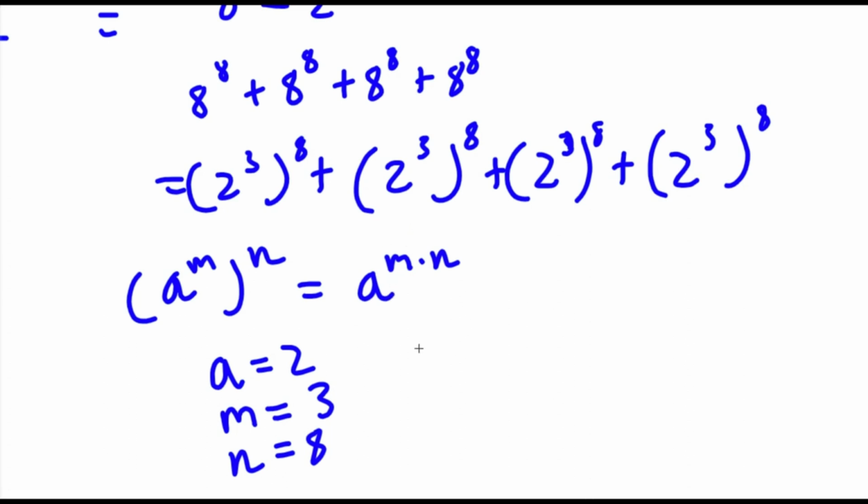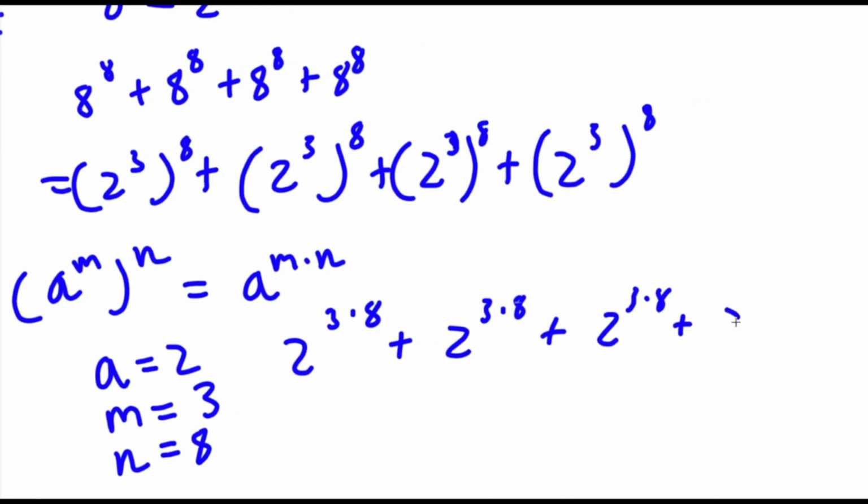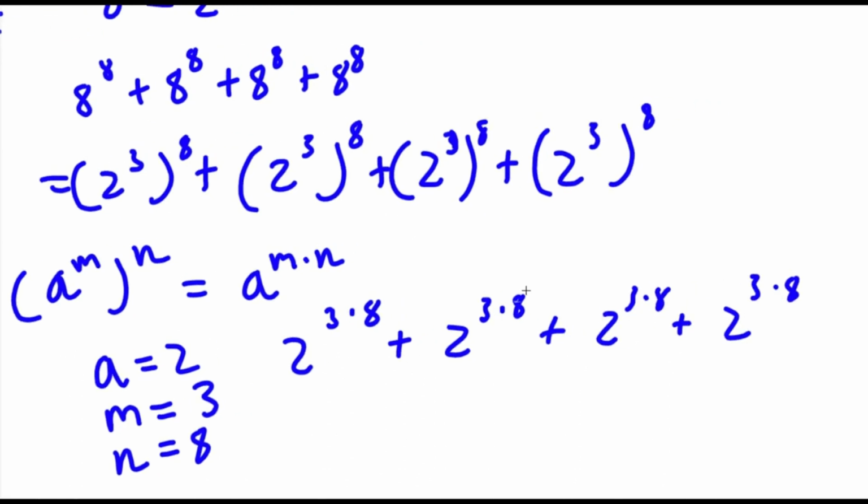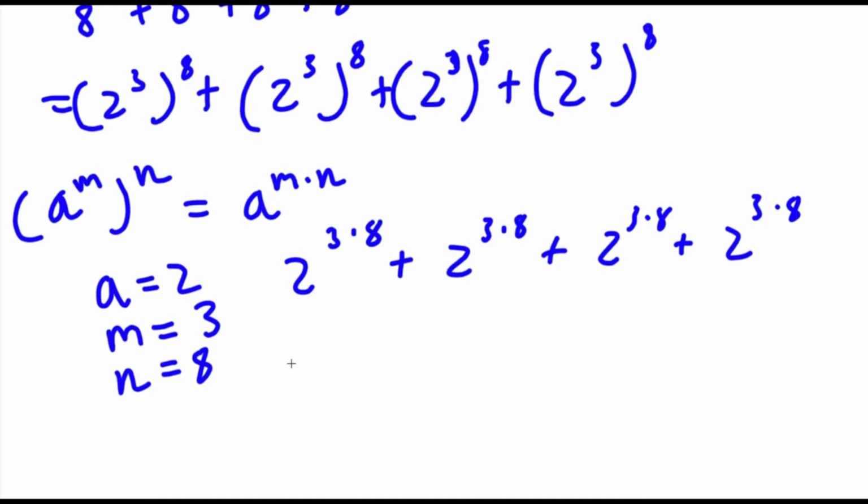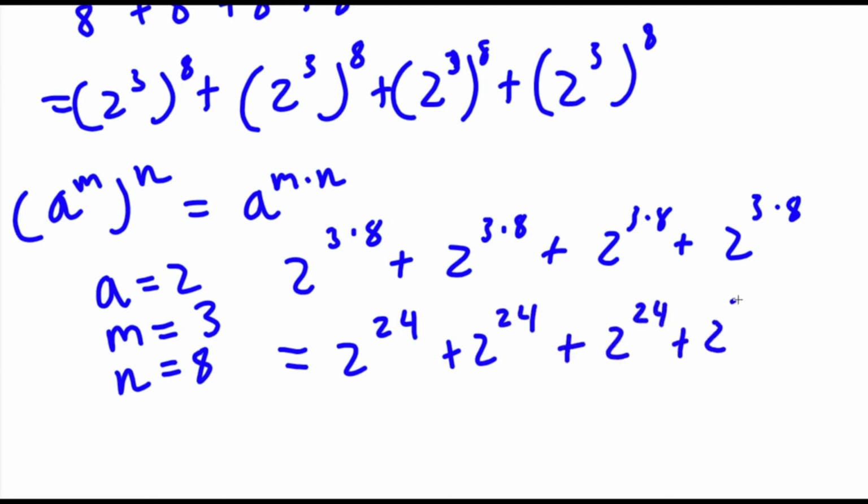So now I have 2 to the power of 3 times 8 plus 2 to the power of 3 times 8 plus 2 to the power of 3 times 8 plus 2 to the power of 3 times 8. Now 3 times 8 is 24. So now I have 2 to the power of 24 plus 2 to the power of 24 plus 2 to the power of 24 plus 2 to the power of 24.